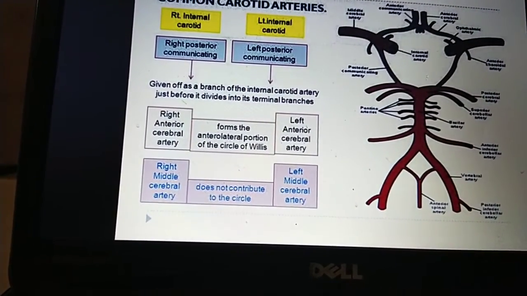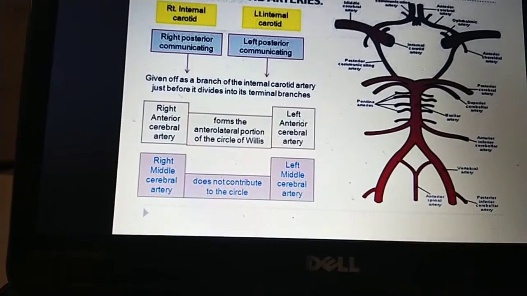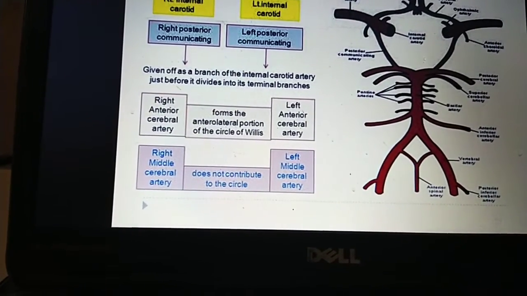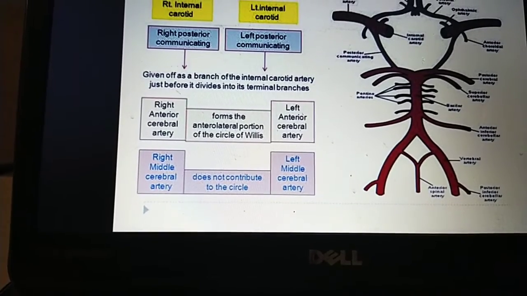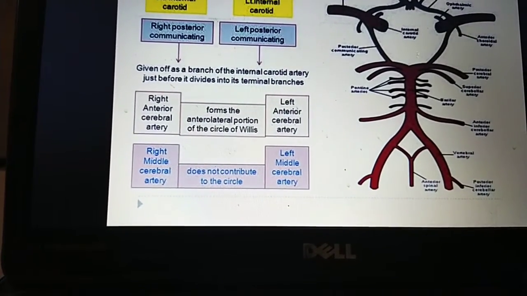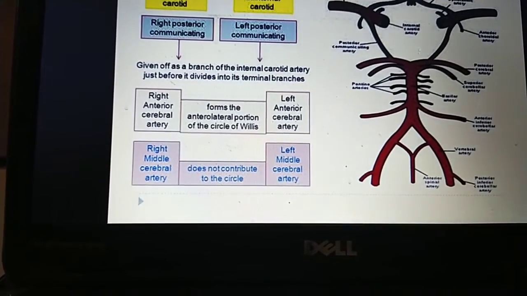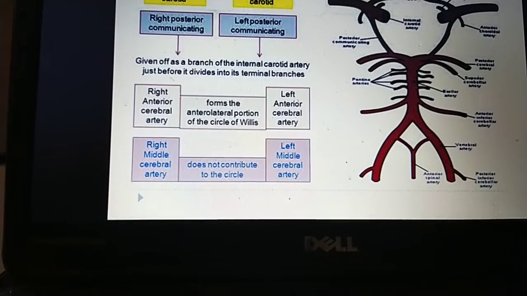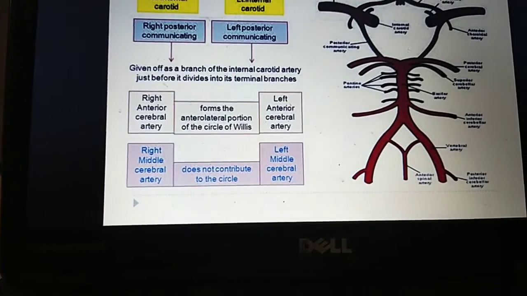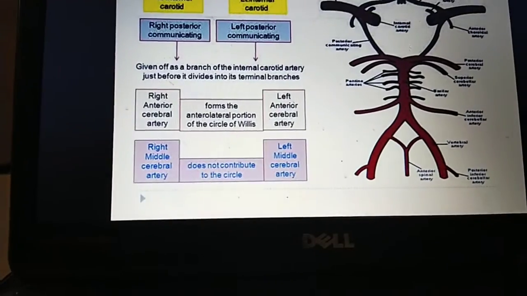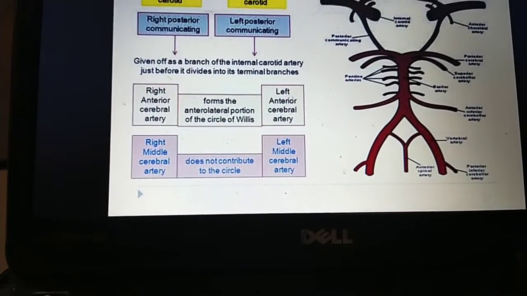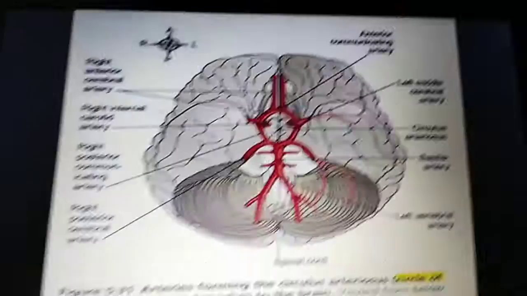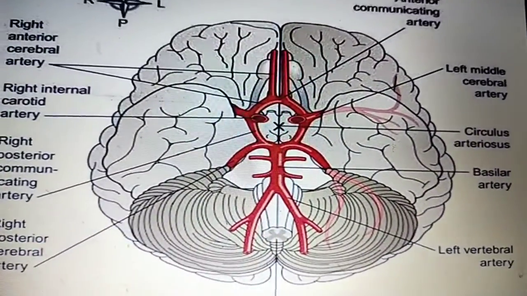The right and left posterior communicating arteries are branches of the internal carotid artery just before it divides into its terminal branches. The right and left anterior cerebral arteries form the anterolateral portion of the circle of Willis. The right and left middle cerebral arteries do not contribute to the circle of Willis.